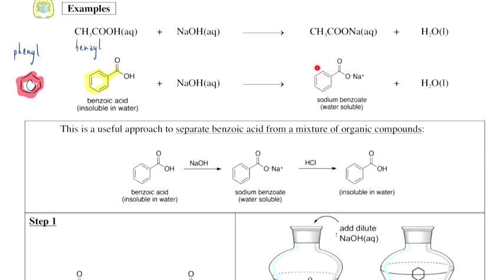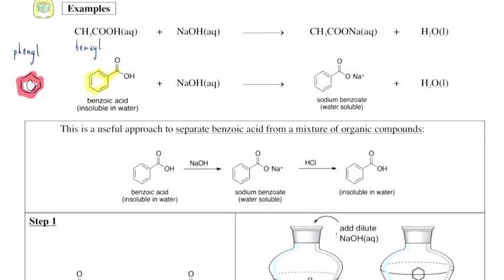So this compound should be soluble in water. So by using this special property, we can turn an insoluble organic substance into a soluble organic substance. Hence, we will be able to separate this insoluble organic substance from other organic substances.